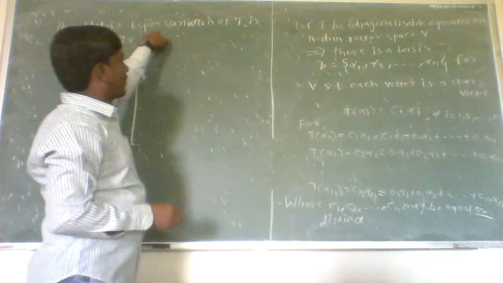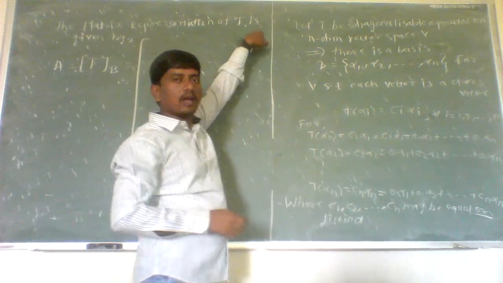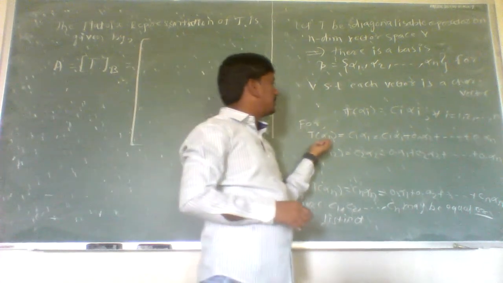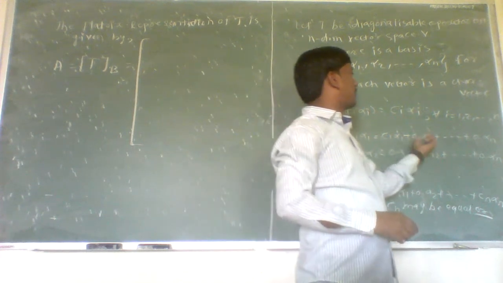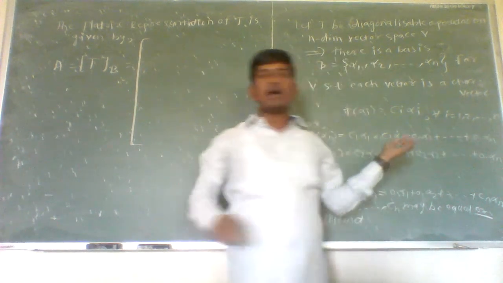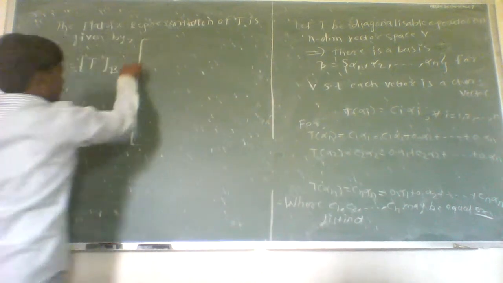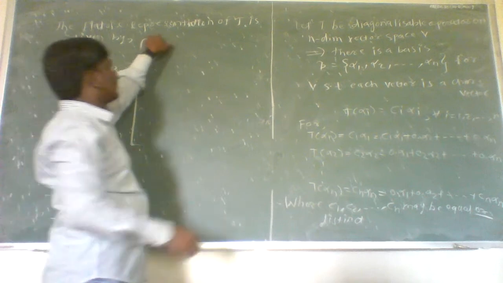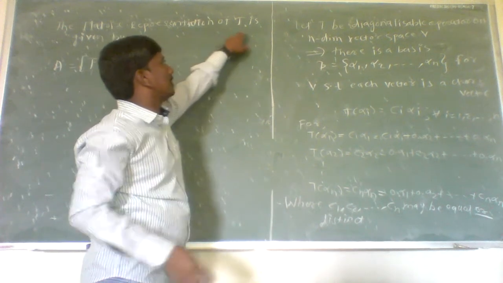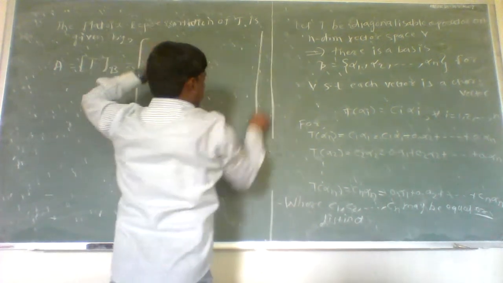Here T of alpha 1 is C1 alpha 1 plus 0 into alpha 2 plus up to 0 into alpha n, and so on for T of alpha 2 up to T of alpha n.